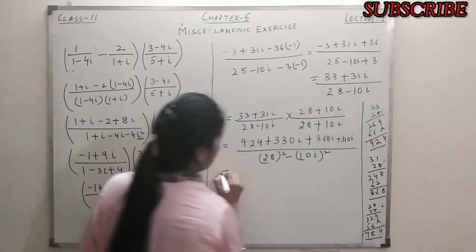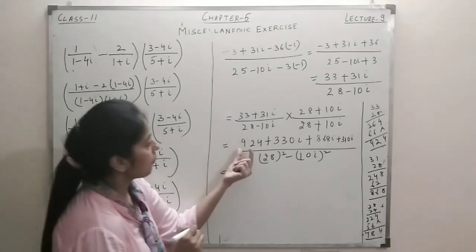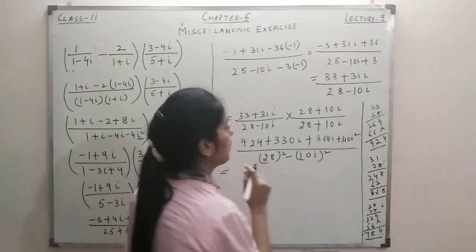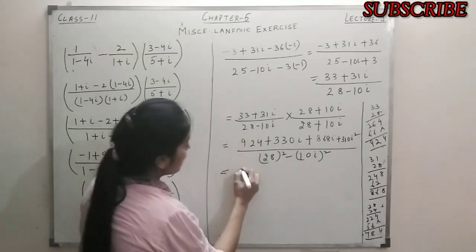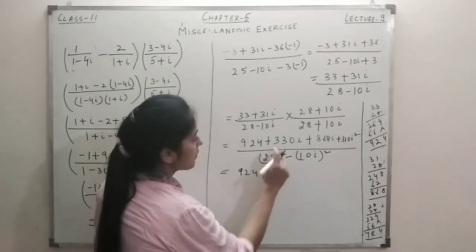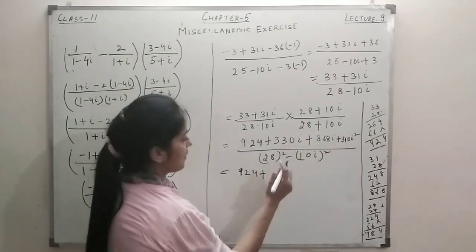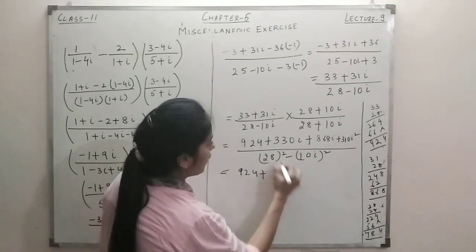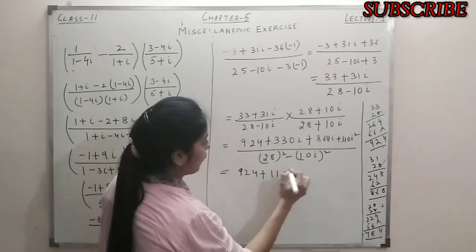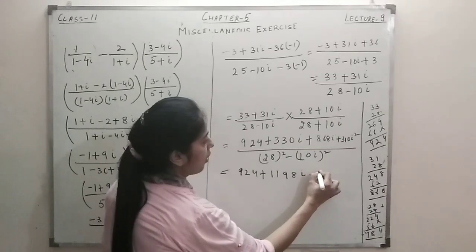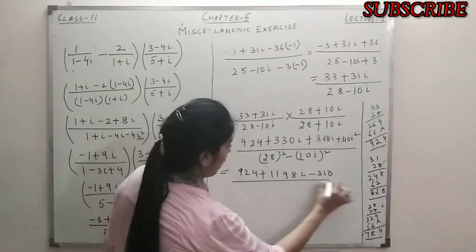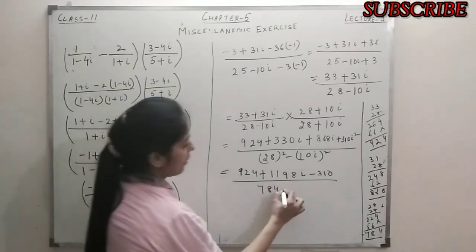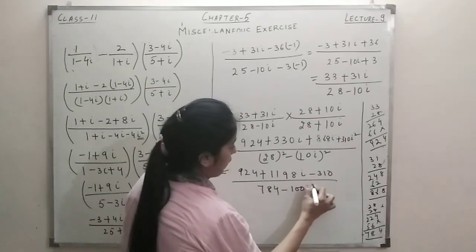Right? So now we have 924, that is 31 into this, that is 310i square. Now 924 plus 330 plus 868. Add it please. 3 plus 6, that is 9. 3 plus 8, that is 11. So 1198i minus 310 upon 28 square, that is 784 minus 100i square.